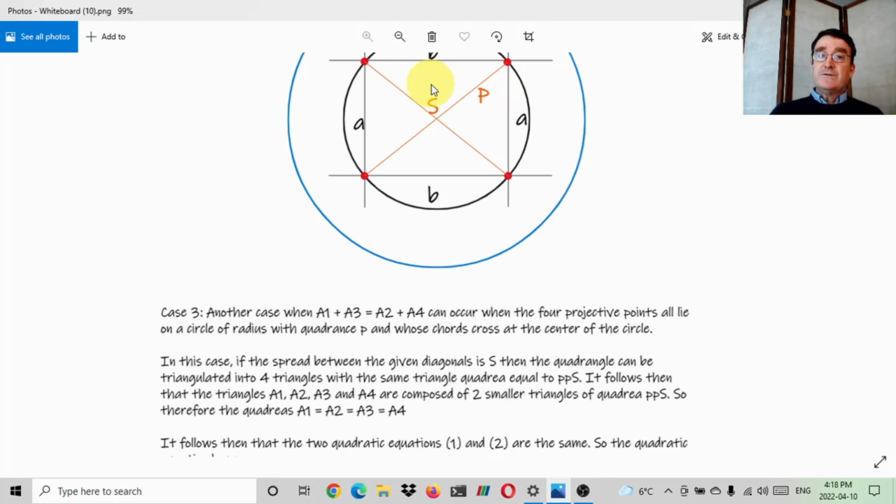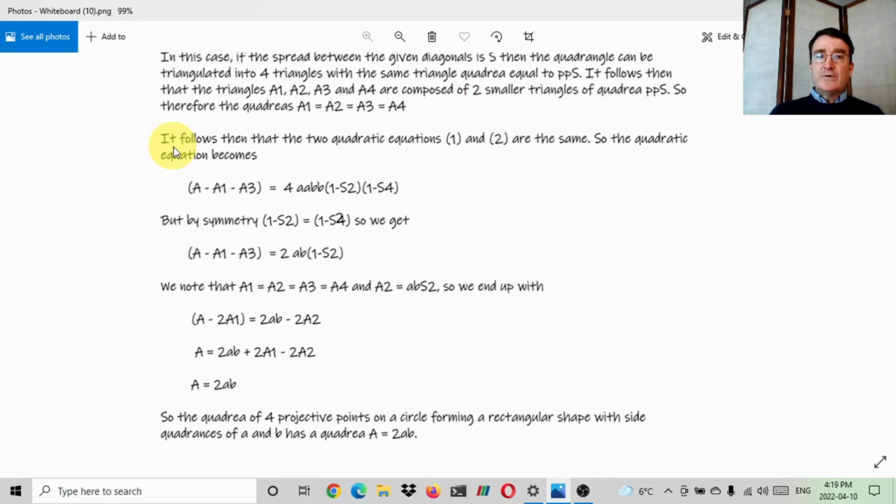And we note that A1 equals A2 equals A3 equals A4, and that A2, let's say, if this is point 2 up here, A2 is the triangle here from these 3 points. So the quadrea of that triangle is A times B times S2. That's the spread at point 2 there.